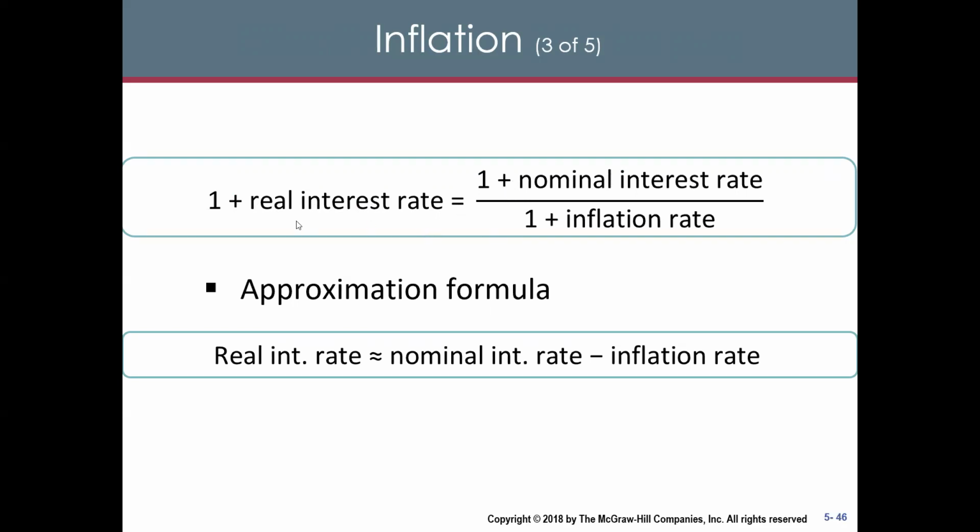So we cancel out the number 1 here, and what we will get is the real interest rate equals the nominal interest rate minus the inflation rate plus the real interest rate times the inflation rate, roughly. Suppose the nominal interest rate and the inflation rate are both very small, then the cross term can be very trivial, and we can just drop it, and that gives us the approximation formula. The real interest rate is approximately equal to the nominal interest rate minus the inflation rate.